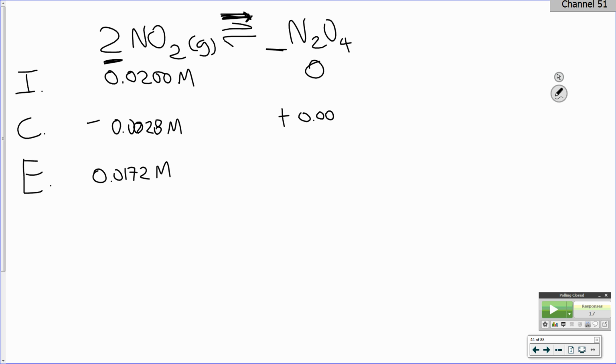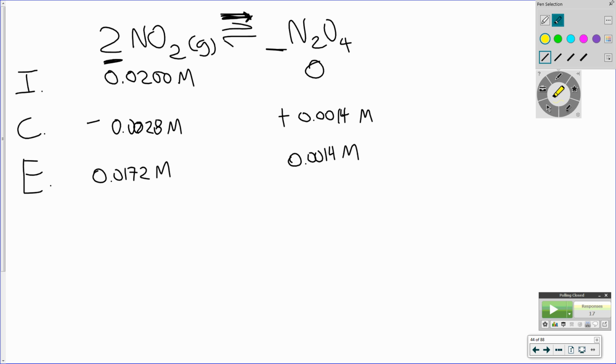If 2 of these are consumed, remember, 1 is produced. 0.0014, exactly right, because I took 2 of these for every 1 produced. It increases by that amount. So that means at equilibrium, this one is 0.0014 molar. So now I know the equilibrium concentrations of both species.